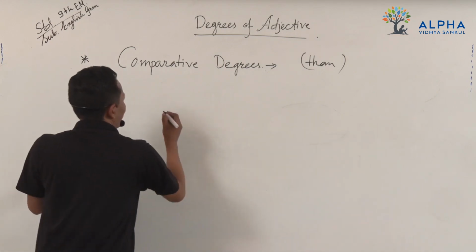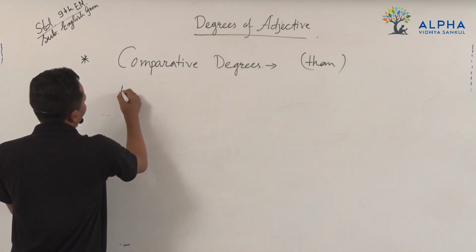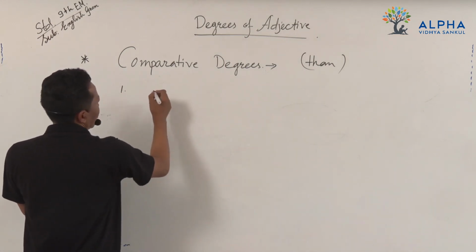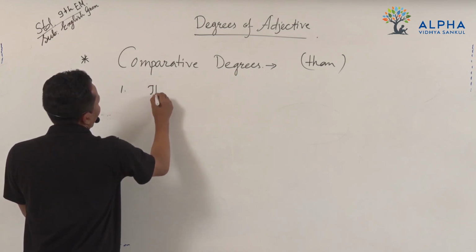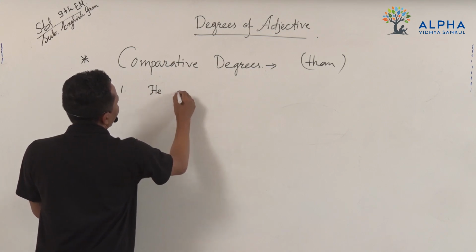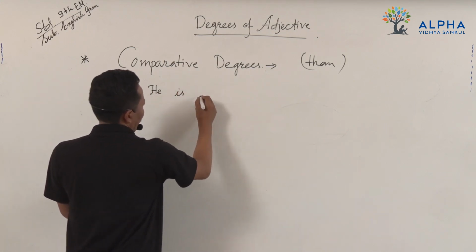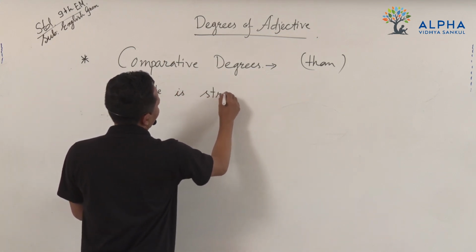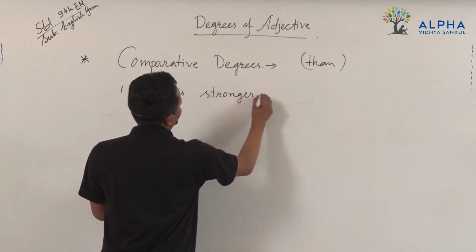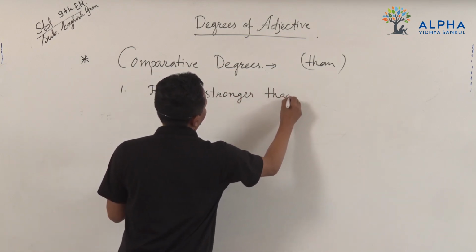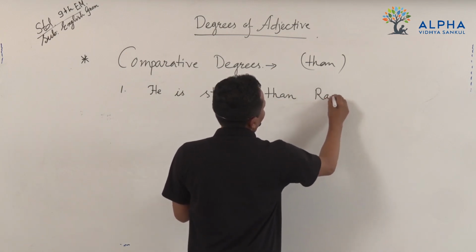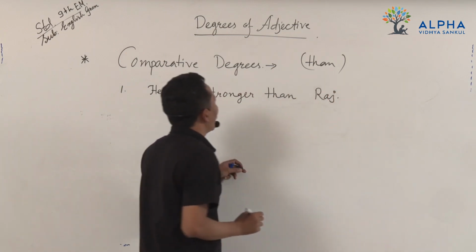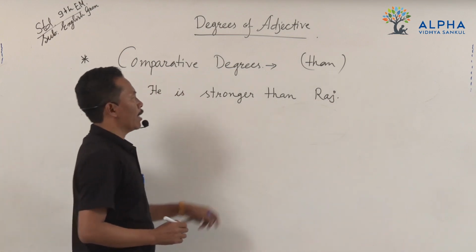See, for example, he is stronger than Raj. He is stronger than Raj.